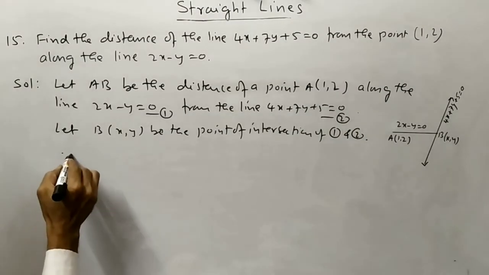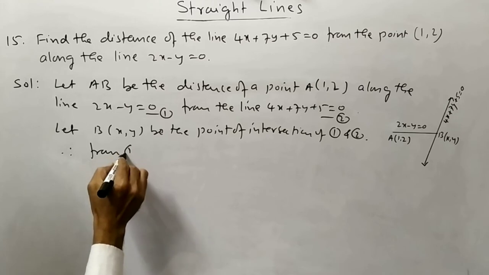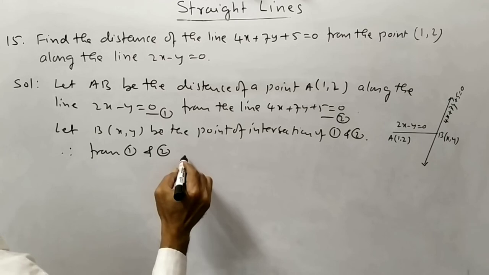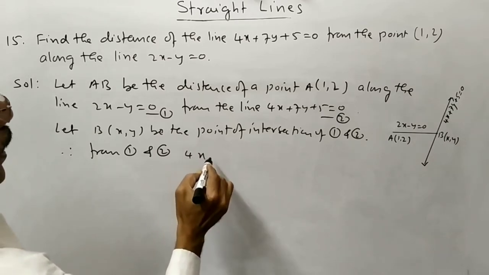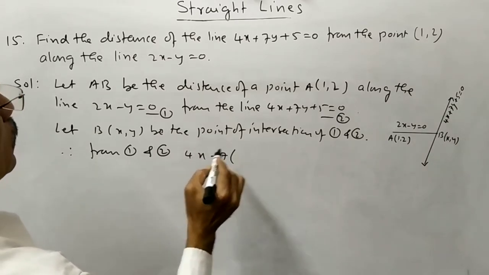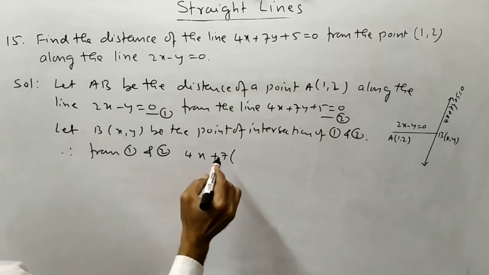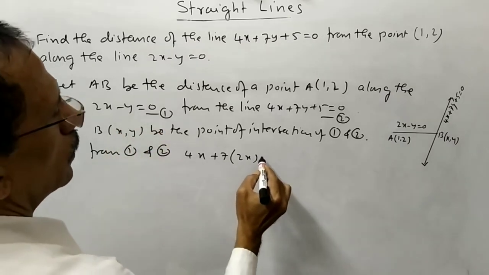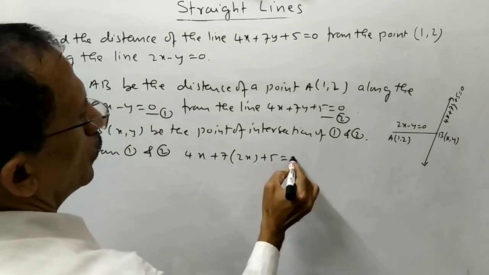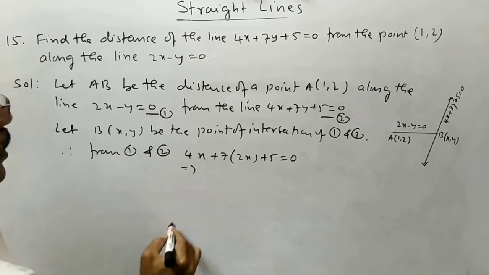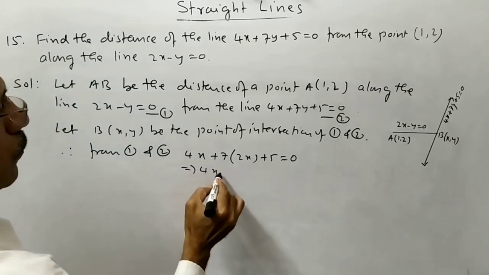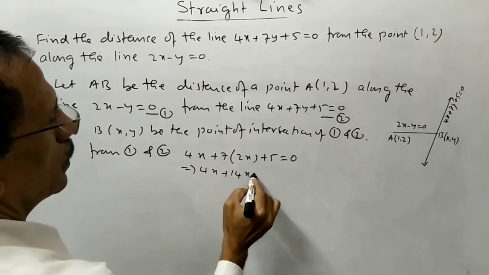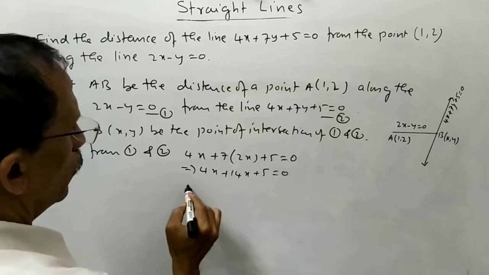Therefore, from 1 and 2, 4x plus 7 into 2x, let us take y is equal to 2x, plus 5 is equal to 0. This implies 4x plus 14x plus 5 is equal to 0.